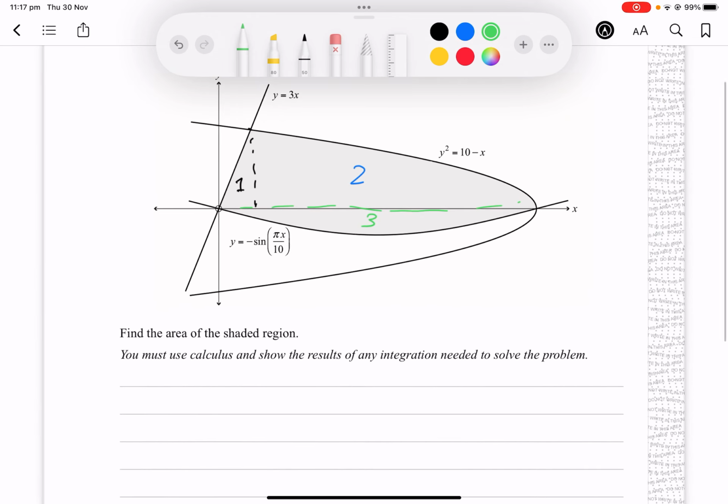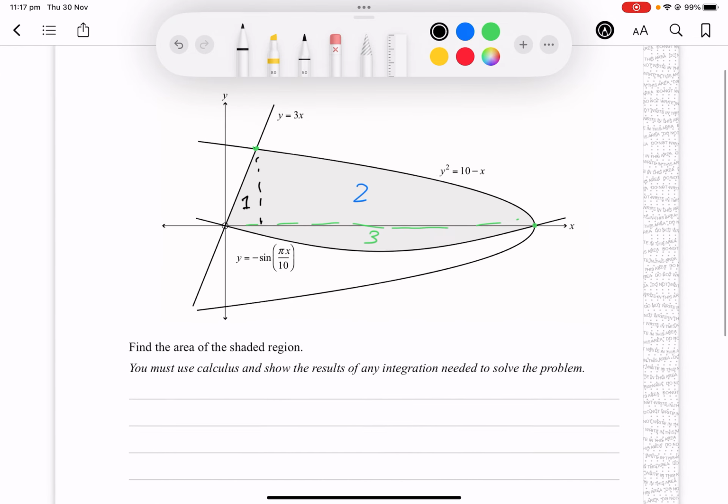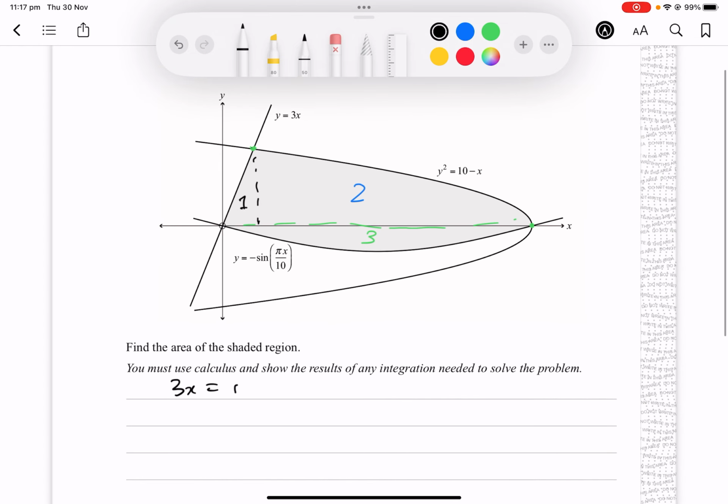Alright, so now all we need to do is just find the area of these regions. So it's pretty important that we know what this point is, and we know what this point is. So in order to find this first green point along the top here, we need to set y equals 3x equals y squared equals 10 minus x. So simply we just set y equal to y, so it's just 3x equals the square root of 10 minus x, in fact.